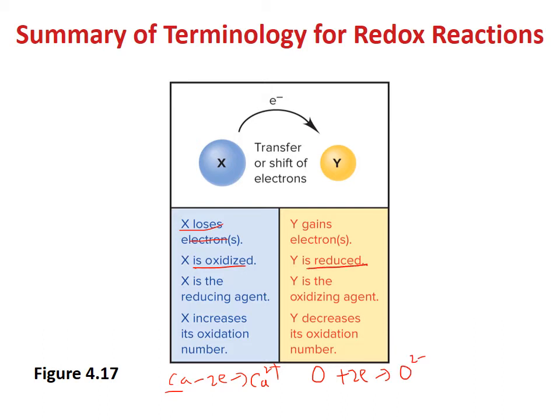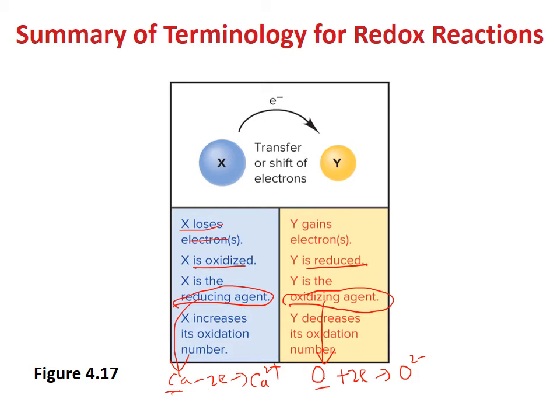And when oxygen is reduced, it is called an oxidizing agent. Okay, this is because oxygen gains electrons so that the cation can lose electrons and be oxidized. All right, and similarly, the cation is called a reducing agent because the cation loses electrons so that oxygen can gain electrons and becomes reduced.